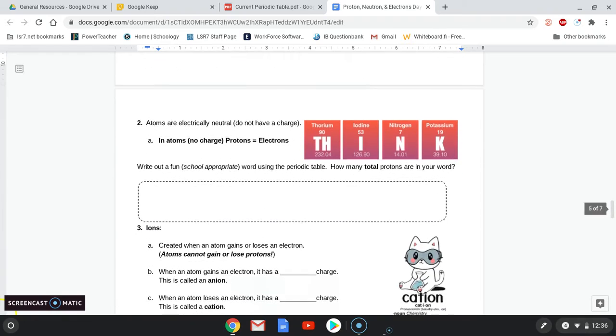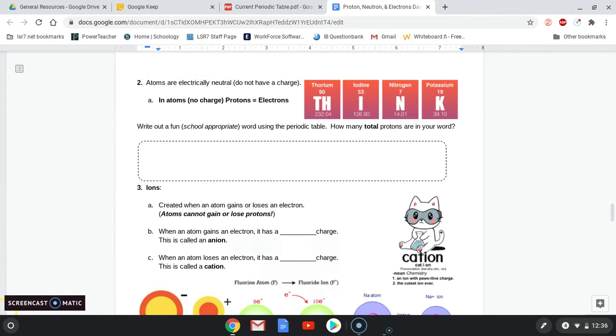Okay. When you see the word atom, it means that the element does not have a charge. It means that it is neutral, meaning that it has 28 plus ones and 28 minus ones. Atoms are a little easier for us because they don't have charge, and this is an important thing on A. Atoms, which don't have charge, have the same amount of protons as they have electrons.